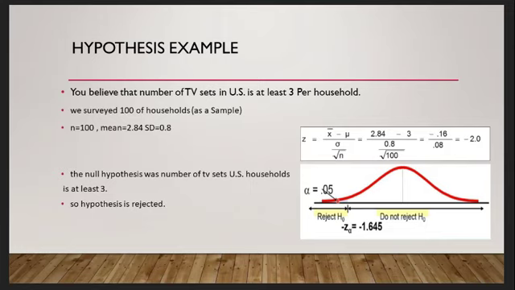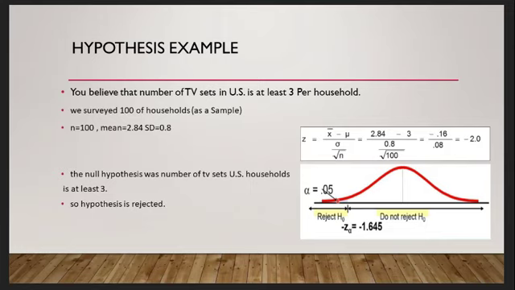Now, where does this fall in the normal distribution? That is your step 5. Step 5: decide to accept or reject the hypothesis. You remember we were saying that for 95% confidence the z, or the critical value, was negative 1.645.